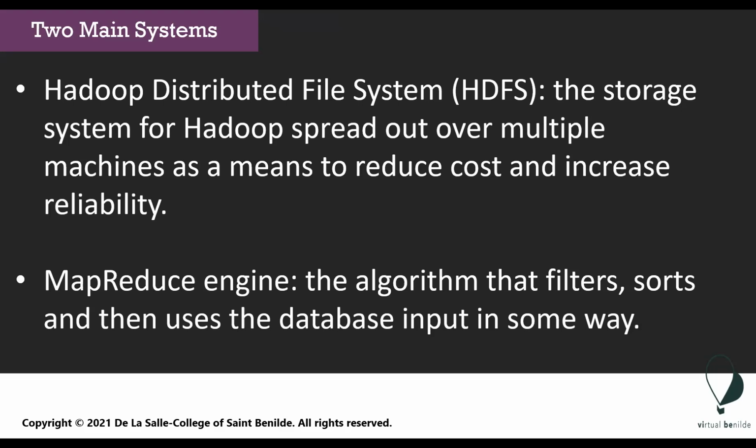MapReduce applications consume data from HDFS. So HDFS creates multiple replicas of data blocks and distributes them onto compute nodes in a cluster. This distribution enables reliability and extremely rapid computation.